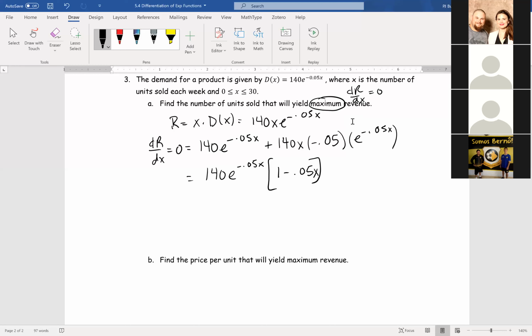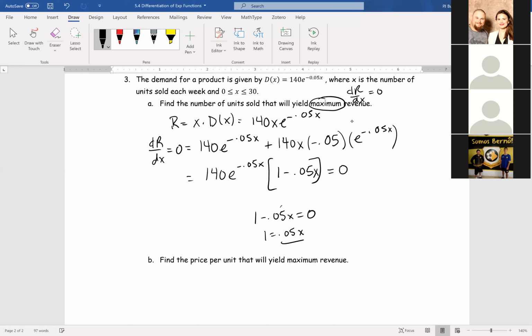And then setting this to 0. The 140 out here then means nothing because I could divide through by 140 and it would disappear. And the exponential can never be 0. So I only really care about when this is 0, and that's pretty easy to solve.